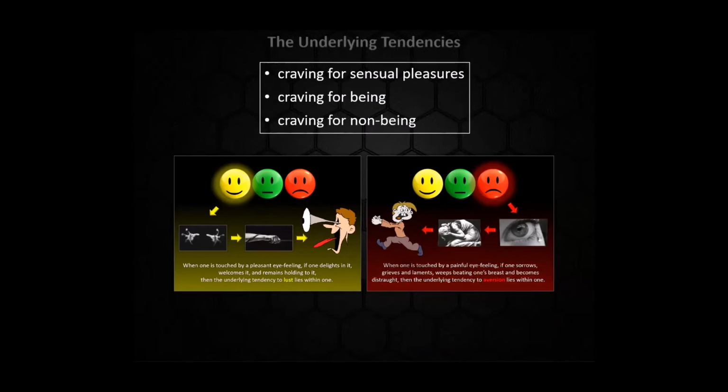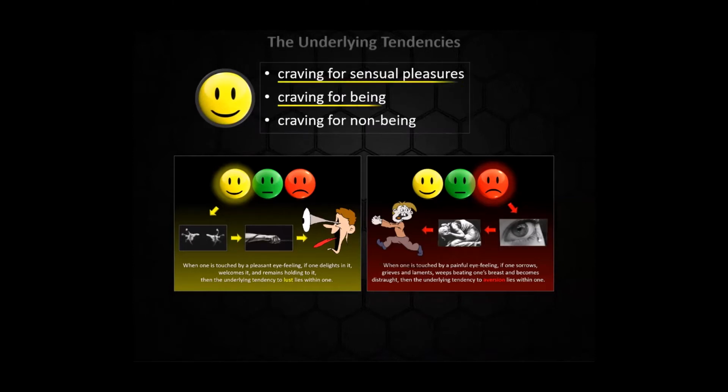These three types of craving make up the second noble truth, and they cover all types of craving through the 6 sense bases. What we have to remember is this: pleasant feelings act as cause and condition for craving that is supported and stimulated into action by the underlying tendency of lust.